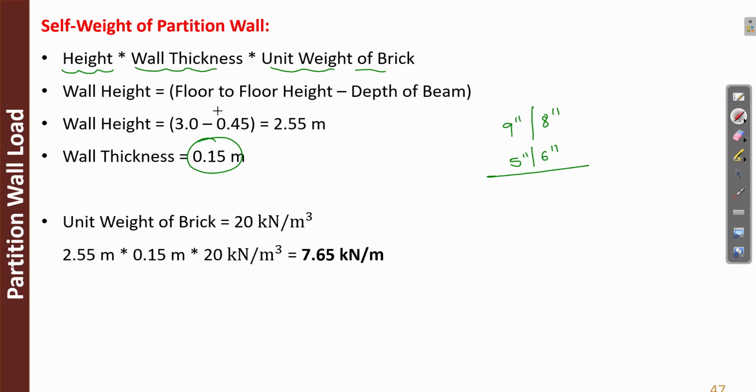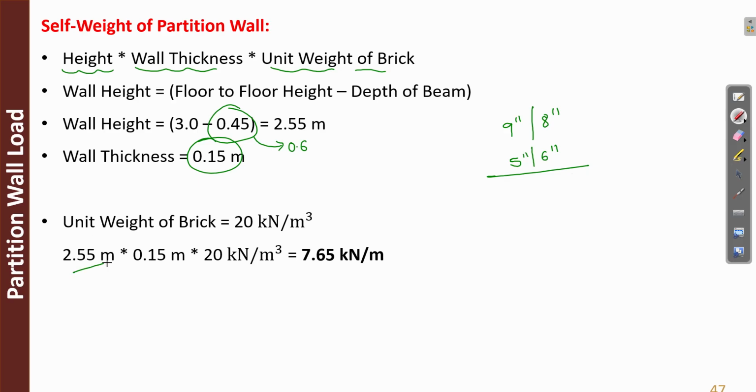Assume the beam depth as 0.45; in some cases, if you provide 0.6 at the site, you have to take whatever depth of beam you provide.